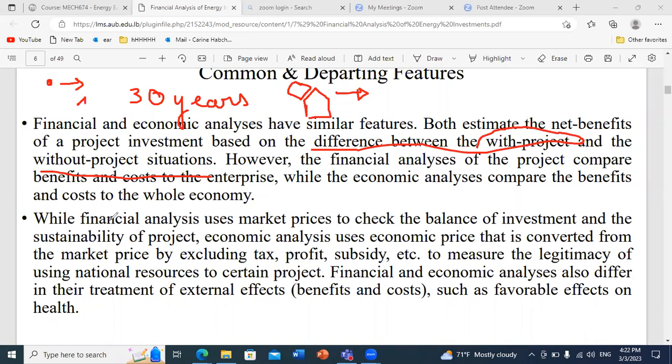The main difference between the financial and economic analysis is the party that is doing the project.